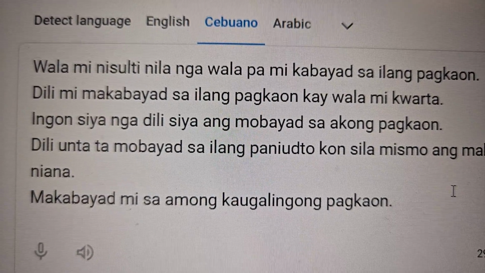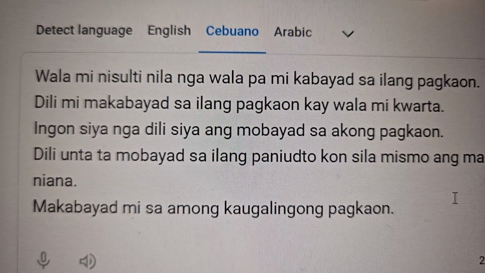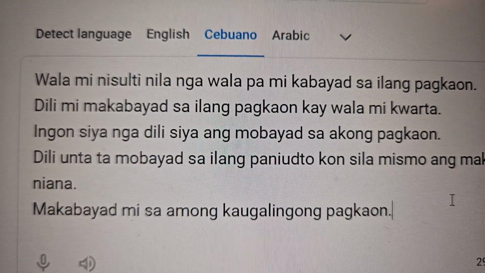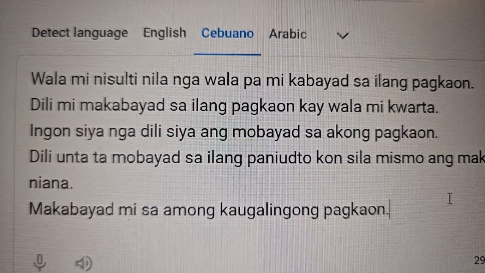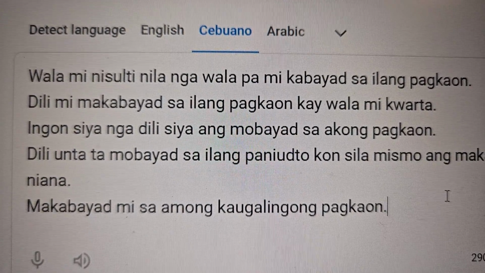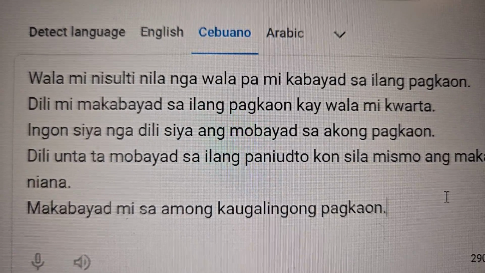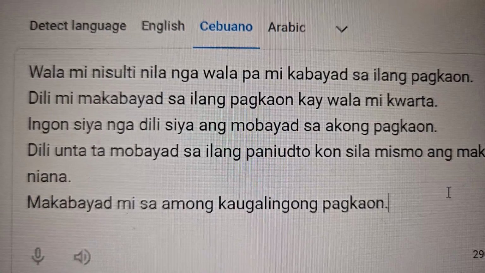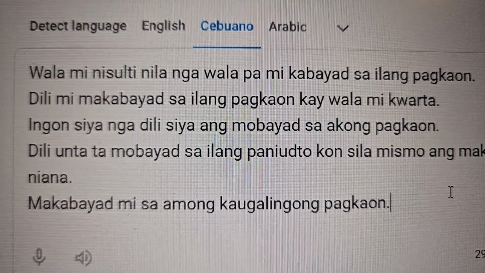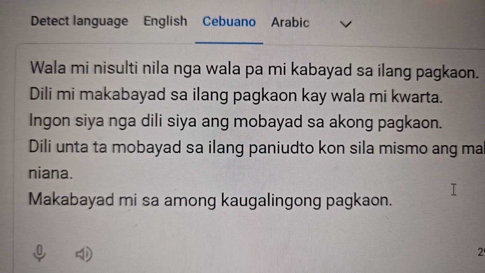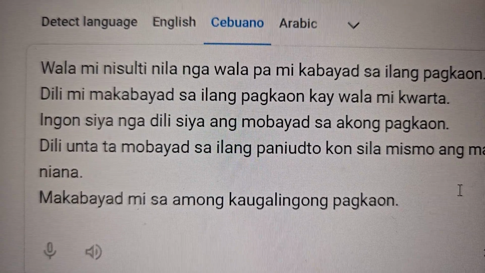But if someone were to say ang kwarta, then we're saying that we were supposed to have money, but we didn't have it. Wala mi ang kwarta. We didn't have the money. So there's a subtle difference between we didn't have money and we didn't have the money. So one more time, sentence 2. Dili mi makabayad sa ilang pagkaon kay wala mi kwarta. We couldn't pay for their food because we didn't have money.